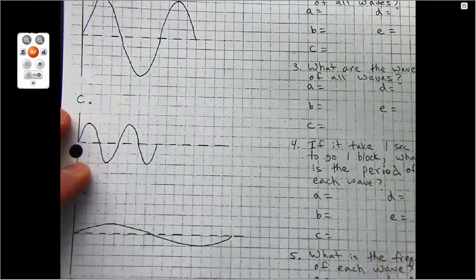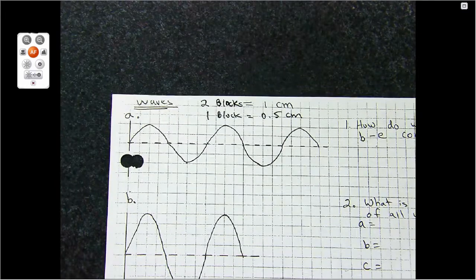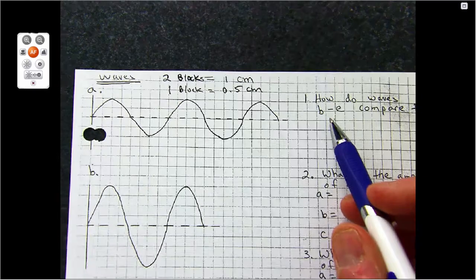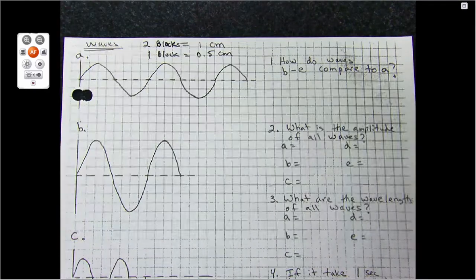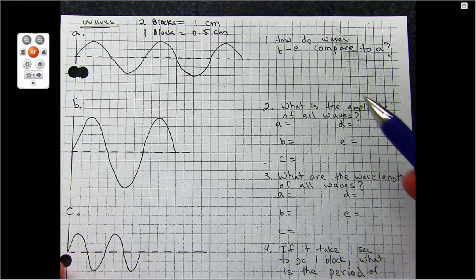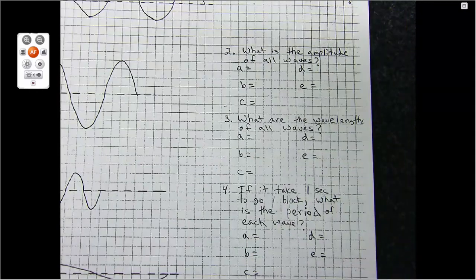It looks like I messed up. Well, I didn't mess up. Let's talk about this then. How do waves B through E compare to A? And if we answer 2, 3, 4, 5, 6, then we can compare.